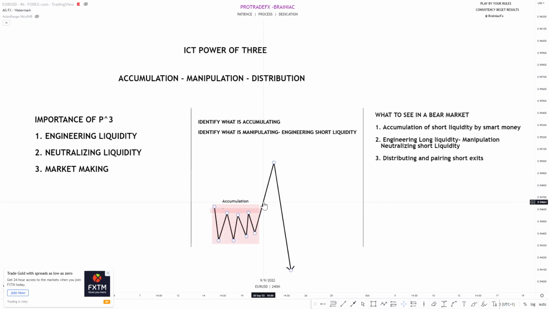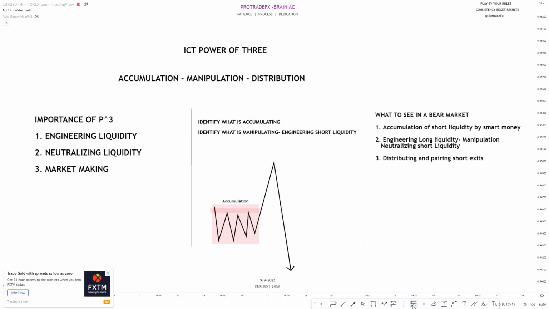They manipulate price with a fraction of their capital because they have the money to do that. And when they do that, they introduce a new set of buyers into the market, retail traders, traders who are taking a breakout of the market. So when they do this, the smart money start to distribute price back in order to pair their exits for shorts.